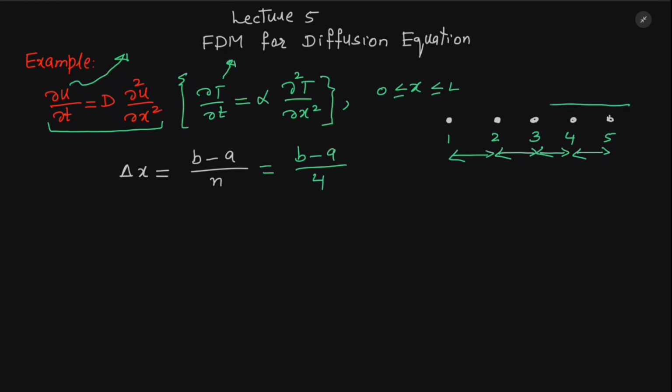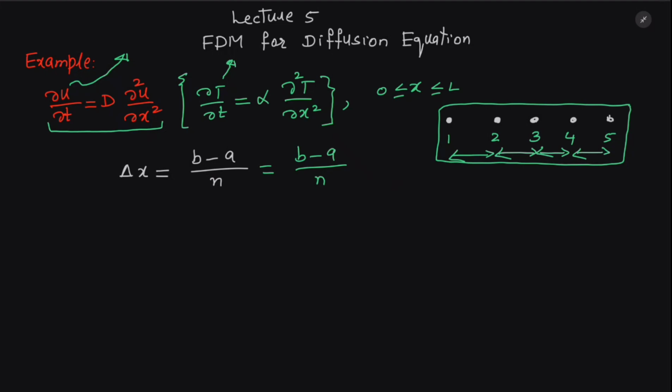The example I have given over here is for your own understanding about the width of the mesh. So we will keep this n as it is written before.